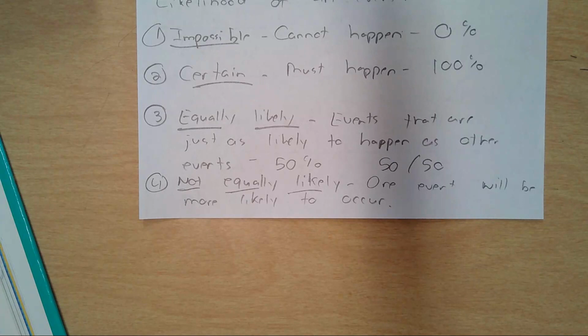So basically I have a 1 in 6 chance of getting the 2, but I have a 5 in 6 chance of not getting the 2. So the likelihood of me getting a 2 is not the same as the likelihood of me not getting the 2. I'm much more likely to not get a 2 than I am to get a 2. Right?